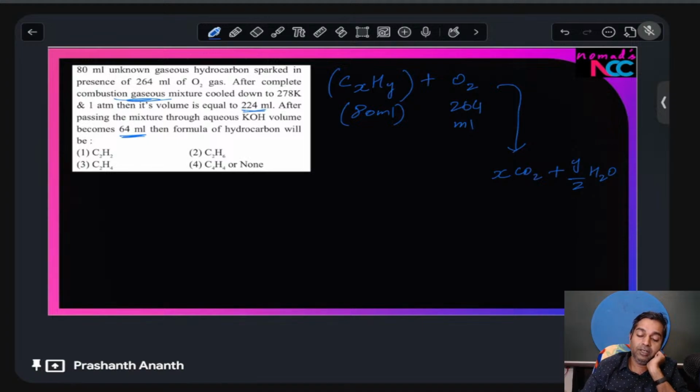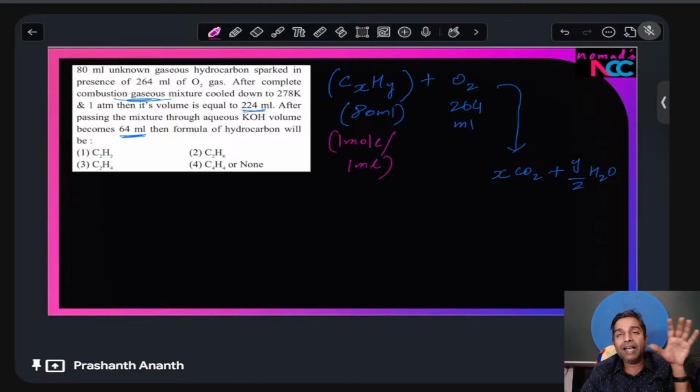So if I have this kind of a scenario here, how do we read this? If I had 1 mole of this or 1 ml, why can I say 1 ml instead of 1 mole over here? Because the entire reaction mixture is going to be at a particular constant temperature and pressure condition. They are mentioning clearly what the temperature and pressure condition is. It doesn't matter what the temperature or pressure is, if pressure and temperature are maintained constant. We have PV equals nRT, correct?